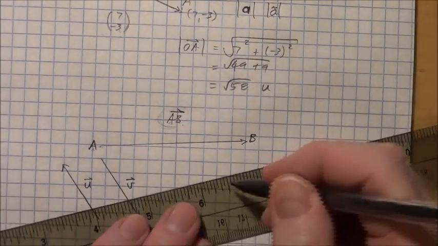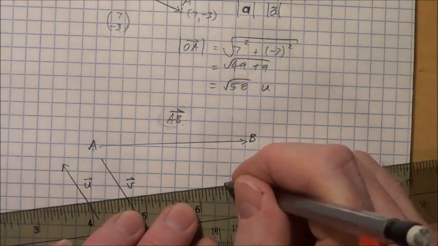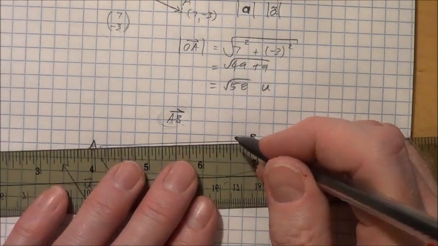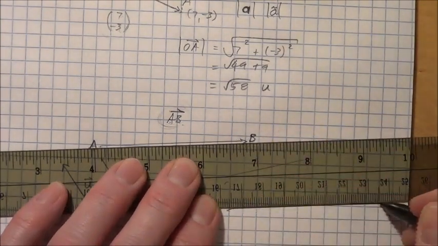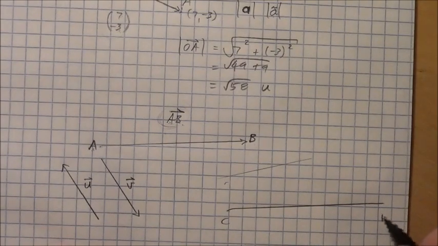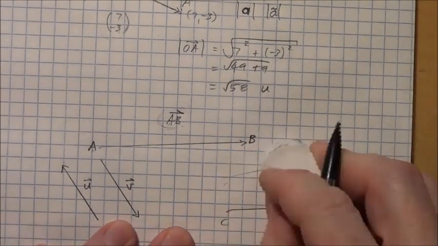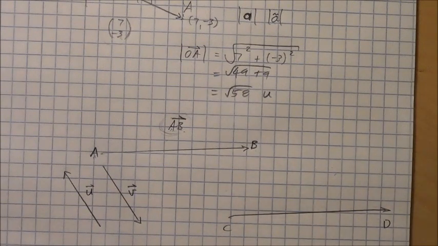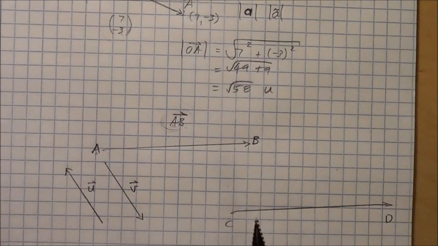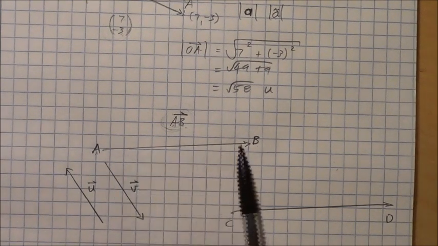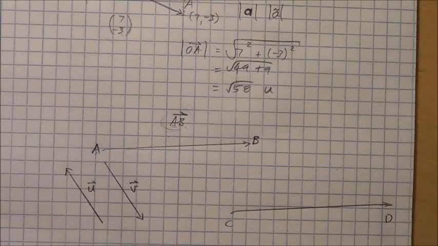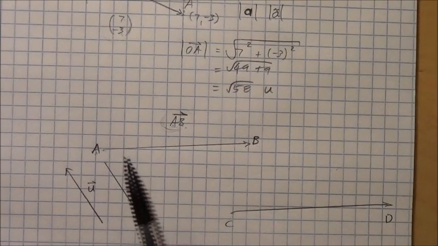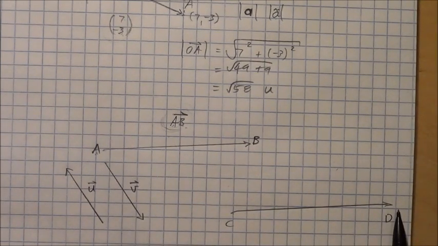We can have, I'll draw this like this here, vector CD, and erase this one briefly. So we can have a bunch of different types of vectors. In order for vectors to be equal, they have to have exactly the same magnitude. I hope I drew those exactly the same length, and exactly the same direction.